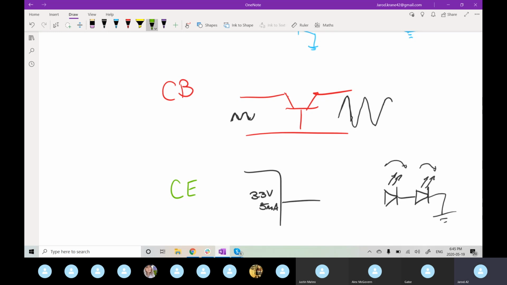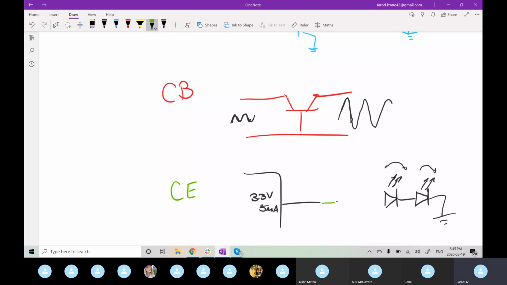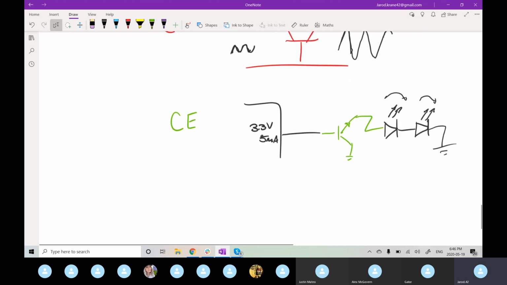So in that case, we can throw in a common emitter so that we can boost both the voltage as well as the current. So there will be a sufficient drive to actually power a slightly larger load than maybe the pin is even capable of.